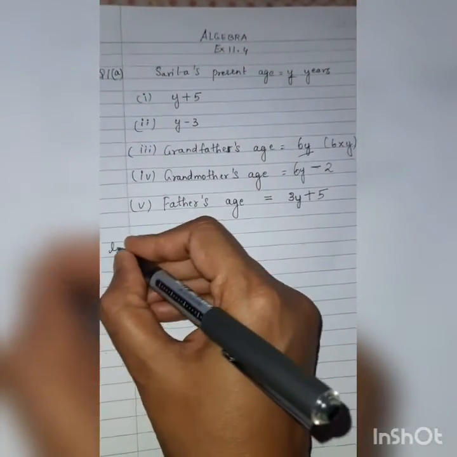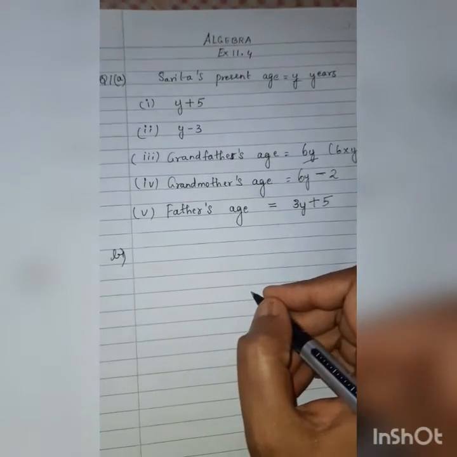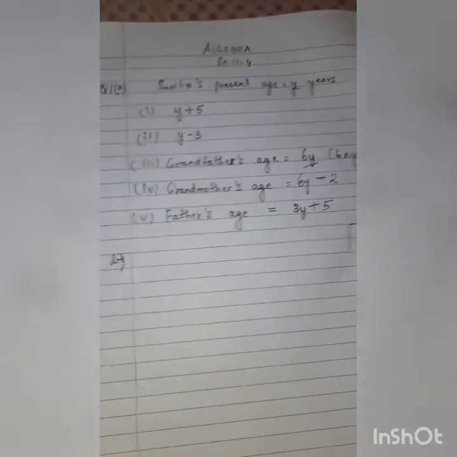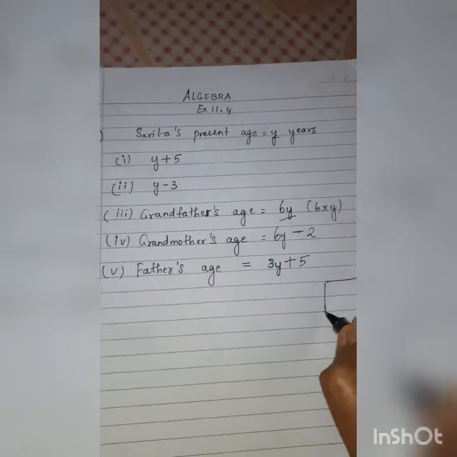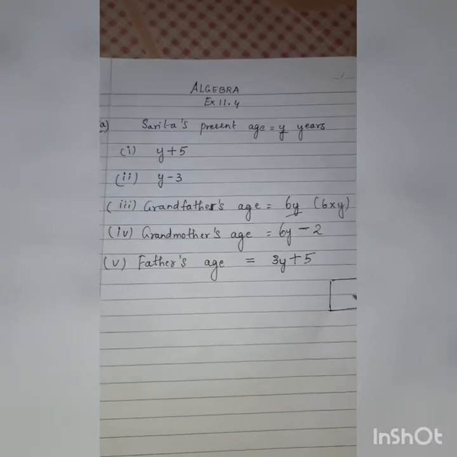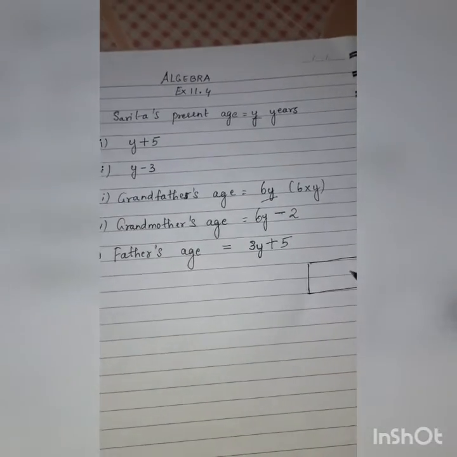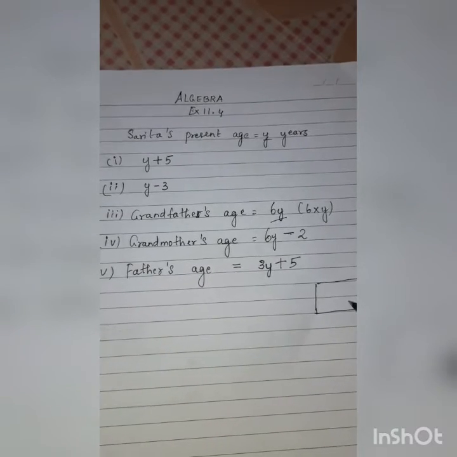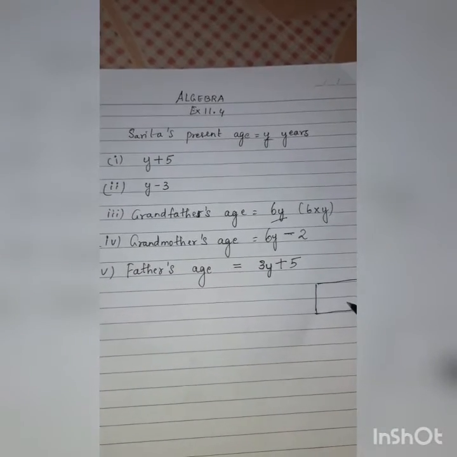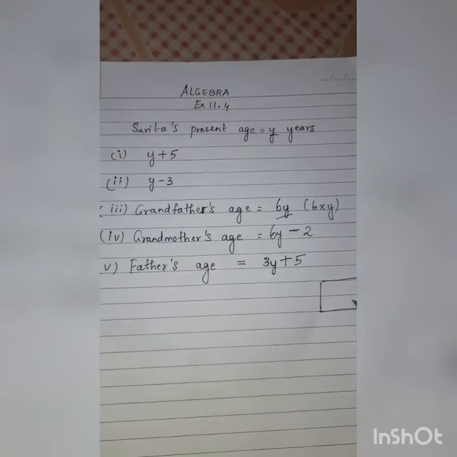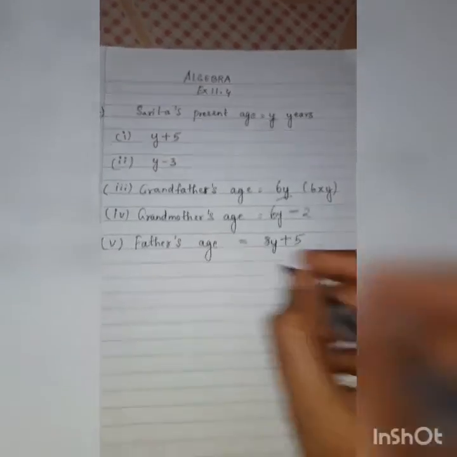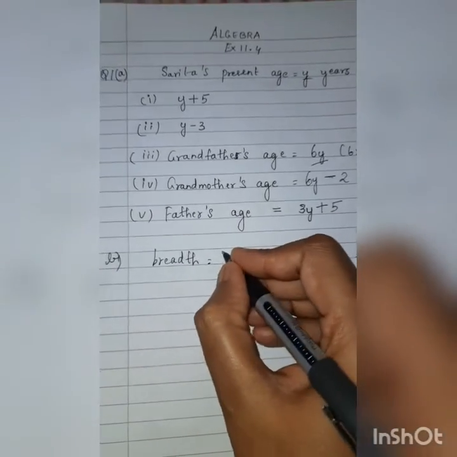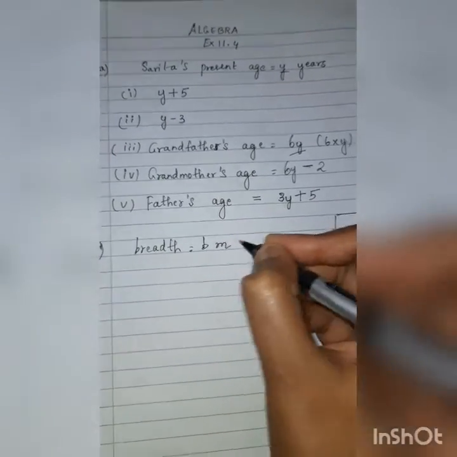Question B. The length of the rectangular hall is, so let's take the hall like this. We are going to write the expression for length. What is the relation they have given? The length of the rectangular hall is 4 meters less than 3 times the breadth of the hall. They have already given the breadth of the hall is equal to b meters.